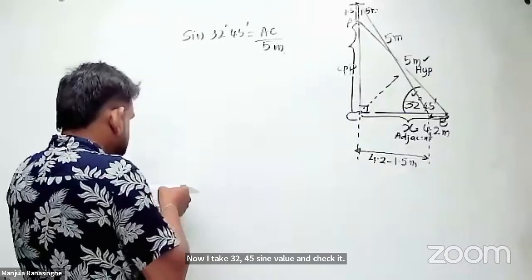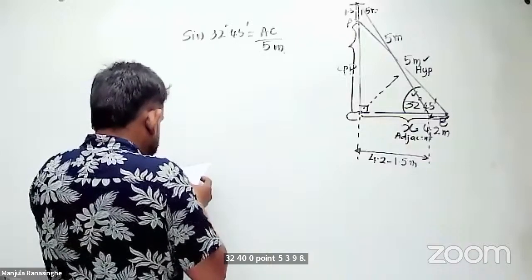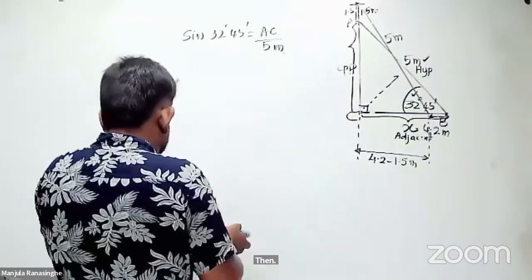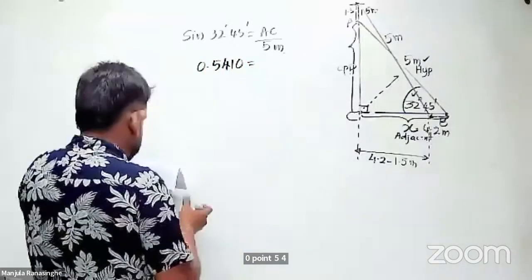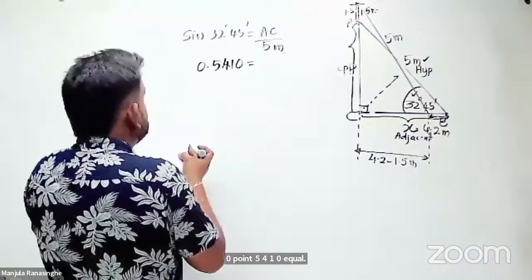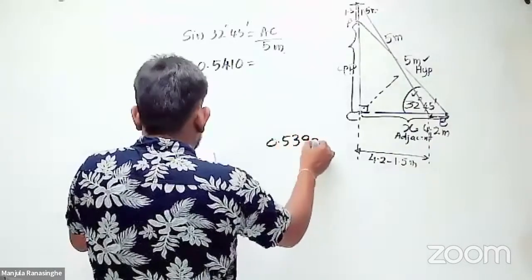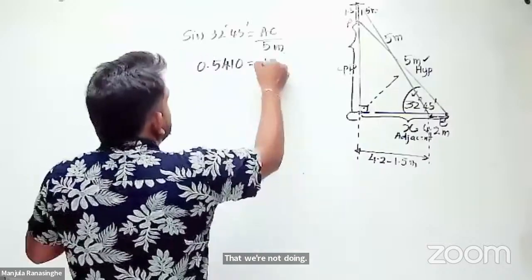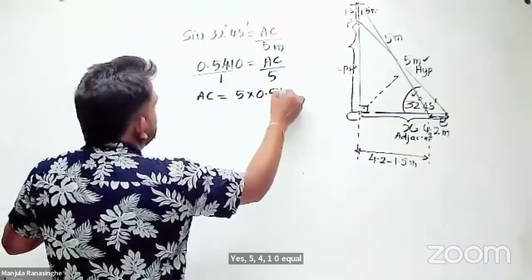0.5410, right, equal AC upon 5. Then cross multiply, then AC equal 5 into 0.5410.